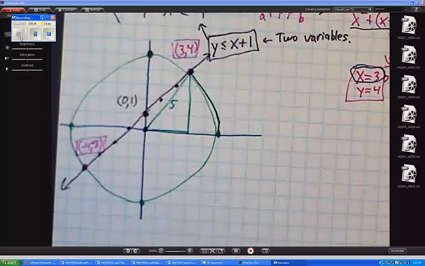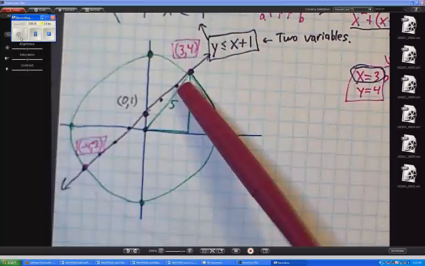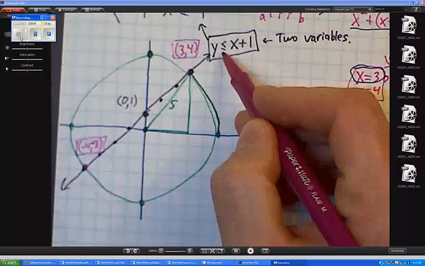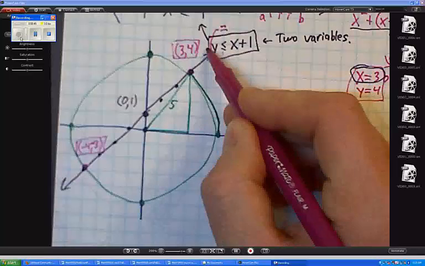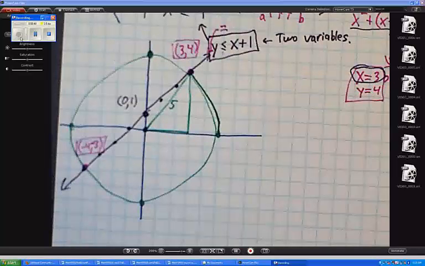This line is precisely the places where we have equality. We have equality on that line. Are you with me? So what I want to do is I want to pick a test point.